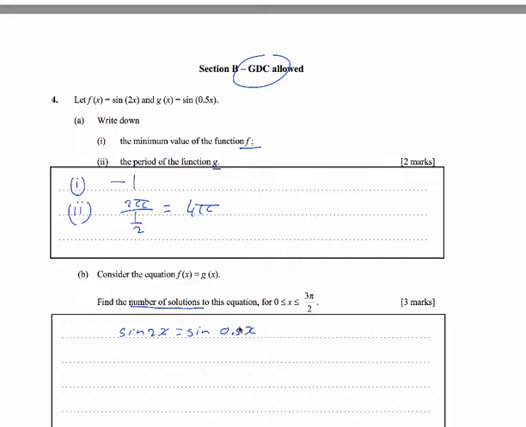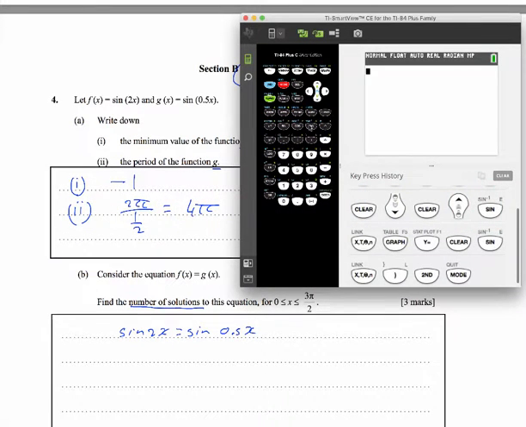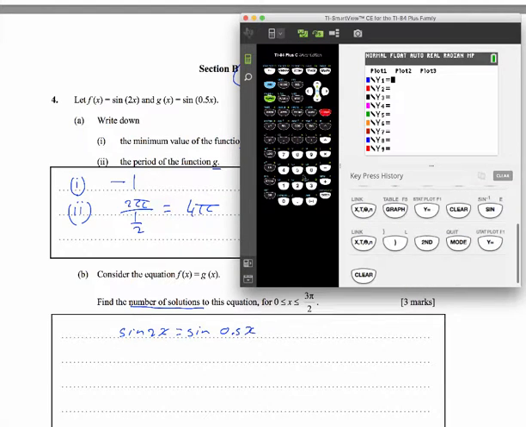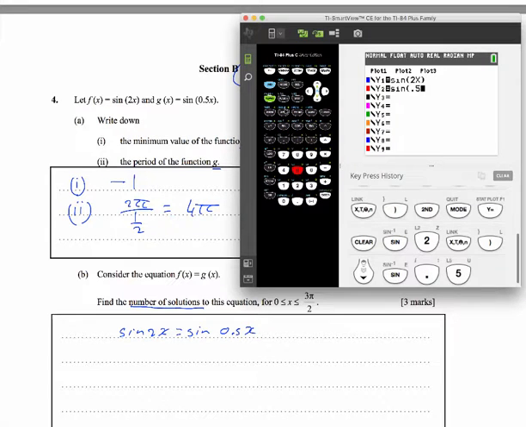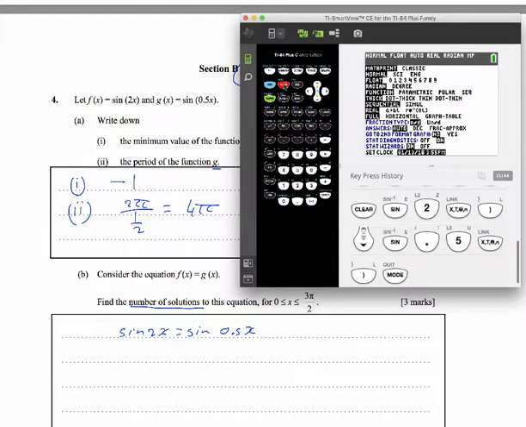I can use my GDC, so let's do that. Let's clear this. So sine of 2x and sine of 0.5x. I'm in radians, so that is good.